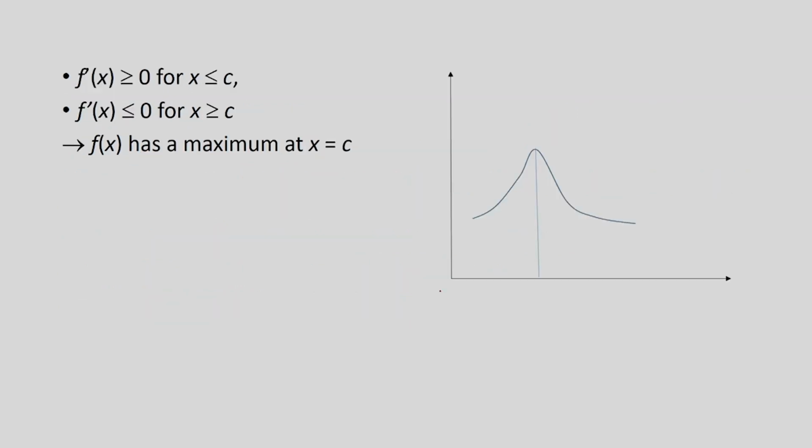So, here is one illustration. So, here is c, and at c we know that there is a stationary point, that is f dash of c is equal to 0. The function is such that the tangent at that point is parallel to the x axis. And if you take points to the left of c, this is satisfied, f dash of x is greater than or equal to 0.